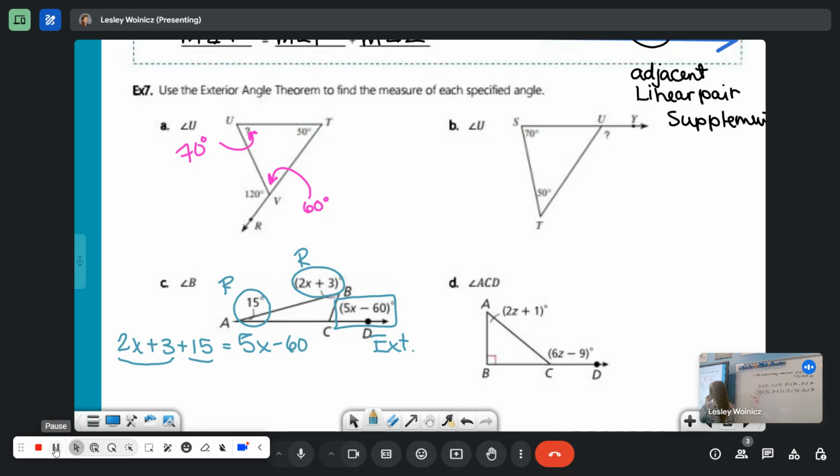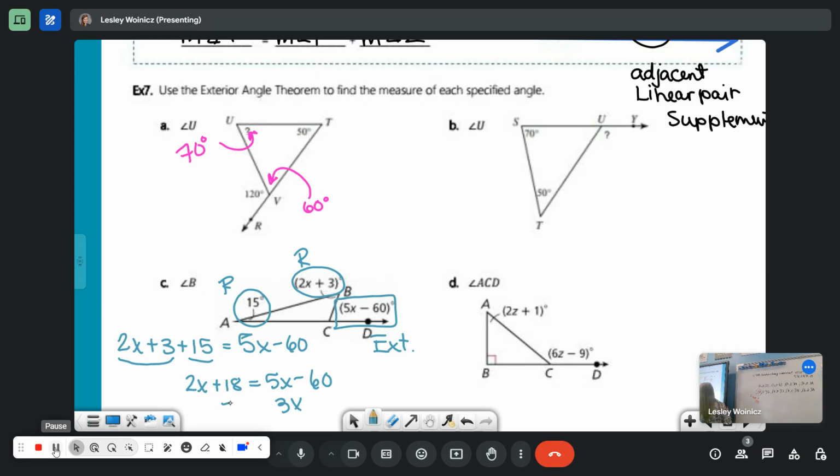All right, let's do that really quick. Okay, 3 and 15 give me 18, so I've got 2x plus 18 equals 5x minus 60. Okay, I'm going to subtract over the 2x. Now I have 3x. Add the 60 over.